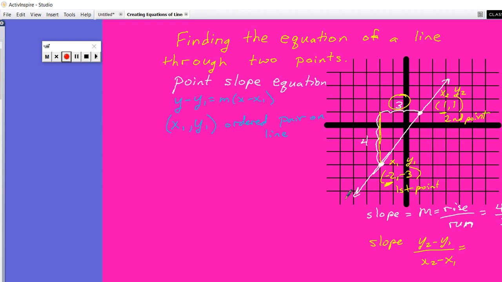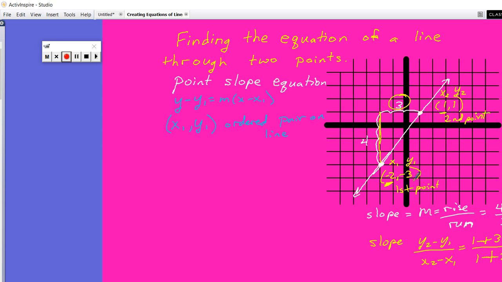So now I just replace y2 and y1 with the values from these points. y2 is 1, y1 is -3, so 1 minus -3. x2 is 1, minus my first x, -2. 1 minus -3 turns into a plus, and I get 4. 1 minus -2 is +2, so I get 3. So I get 4/3, which is the same as when I counted, as it should be, because the slope of the line that goes through those 2 points shouldn't change.